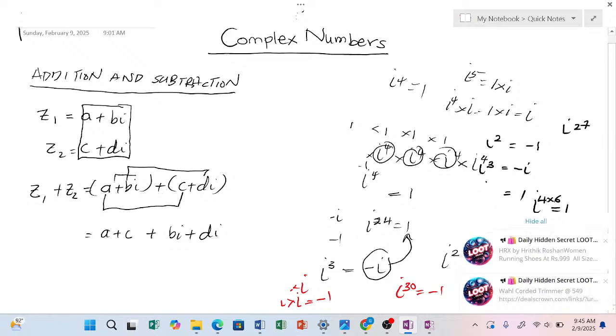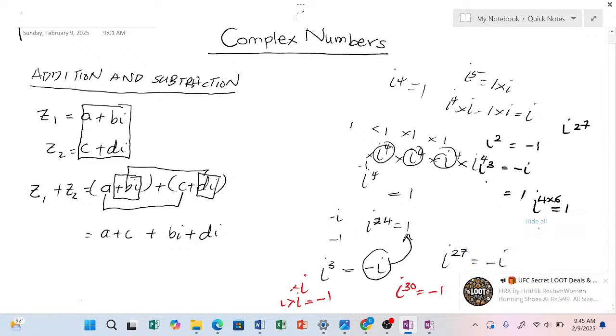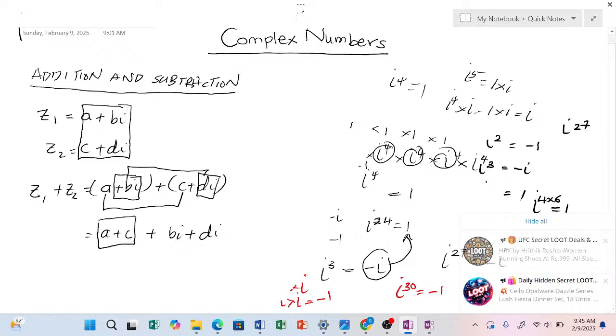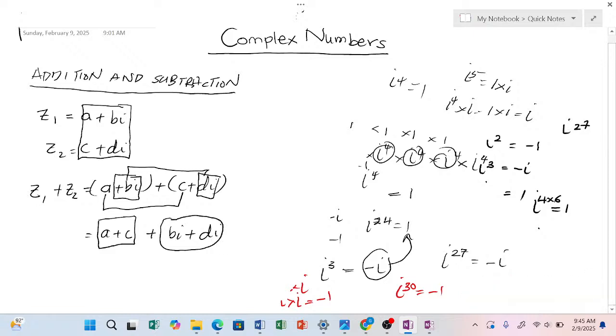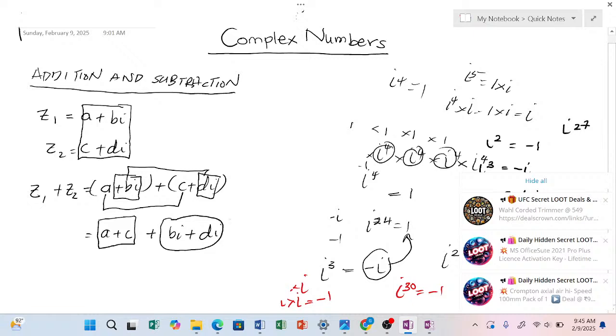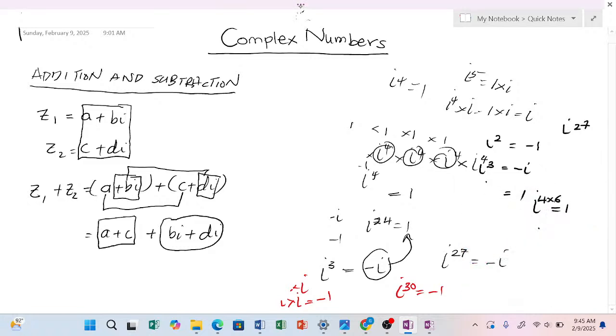The imaginary part is the part that has the i with it. In this case, you just group like terms, just as we've been doing. Here you see the a and the c are like terms, and the i parts are also like terms. So let's take an example here.